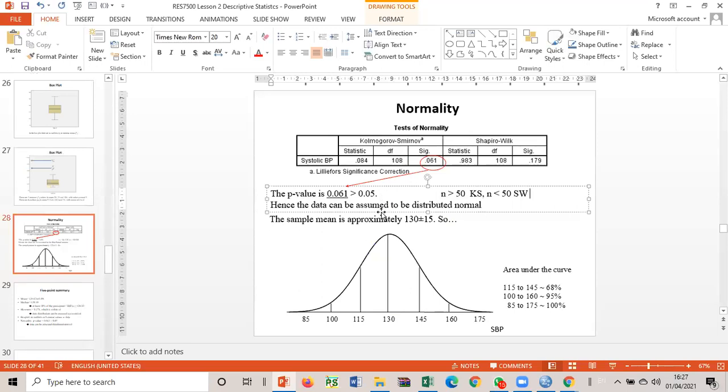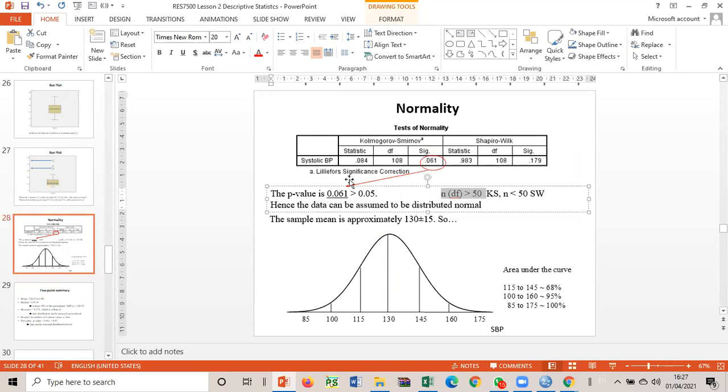So in this case, which test to use, Kolmogorov-Smirnov or Shapiro-Wilk? The DF is the sample size, and in this case it is more than 50, so which test will you use? KS. Why? The DF is more than 50, it is 108.